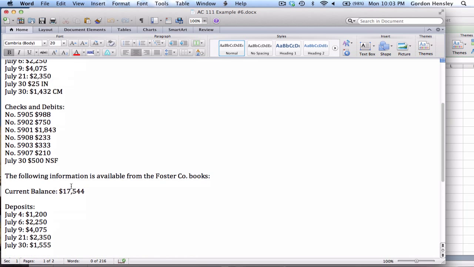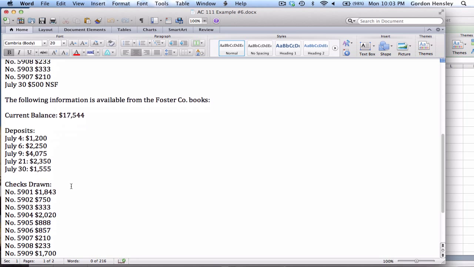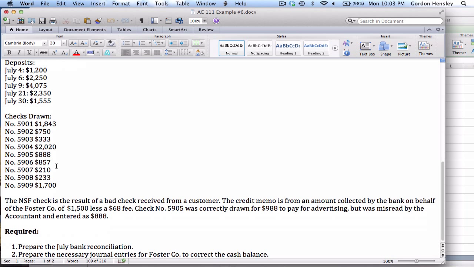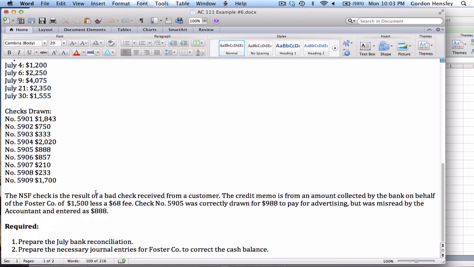Then it says the following information is available from the Foster Company books. And according to their records, the current balance is $17,544. And then they have a series of deposits and also checks that have been drawn. Now there's also some additional information here. It says there's going to be an NSF check that is the result of a bad check from a customer.